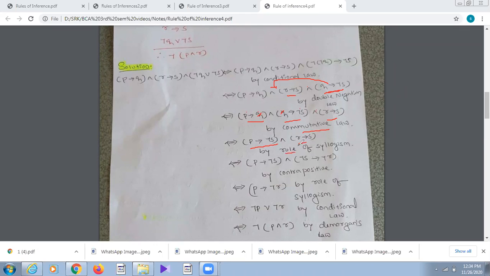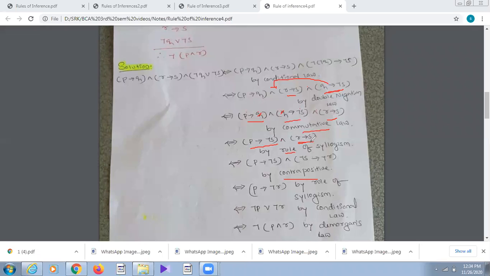Okay, so then again here if you apply contrapositive for this, negation s will come, so negation s will be cancelled, so that's why I apply contrapositive for this term. So if you apply contrapositive, p conditional q can be written as negation q conditional negation p, so that is the contrapositive of p then q.